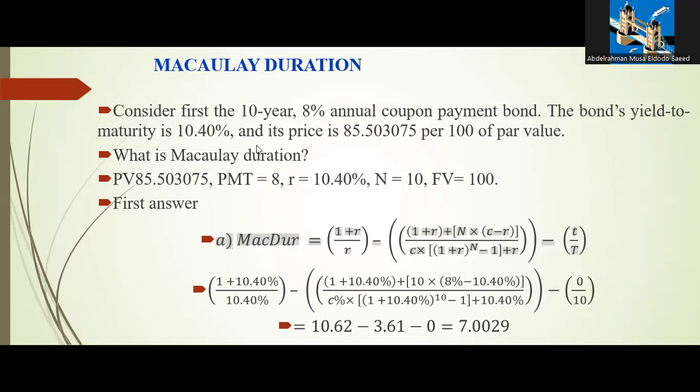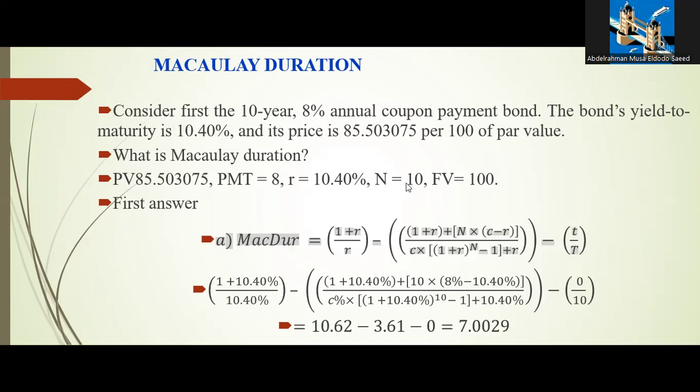What is the Macaulay duration? PV here is present value. PMT here is payment, which is the same as the annual coupon. R here means the required rate of return or yield to maturity, which is 10.4%.